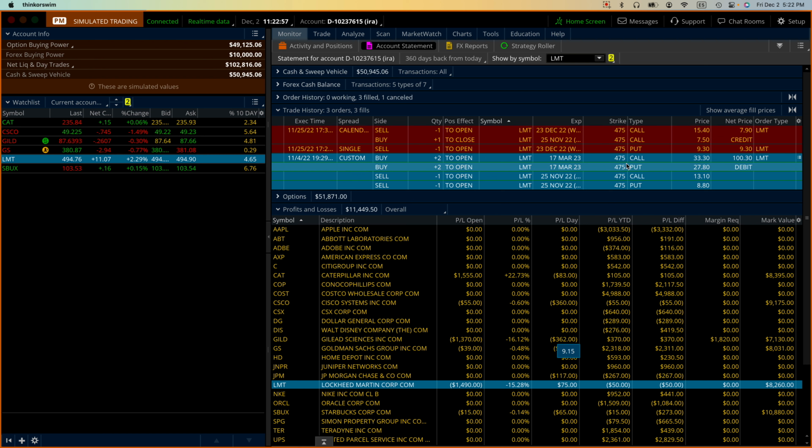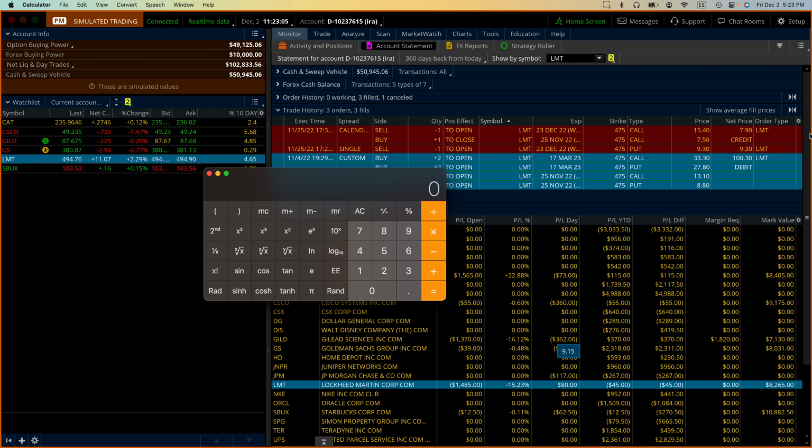Okay, so how much was our cost? Let's see the calculator. We started with the cost of $10,030, and then we got a credit of $930, okay, and another credit of $790. So our cost really, when you consider all the portions of the trade, is $8,330.